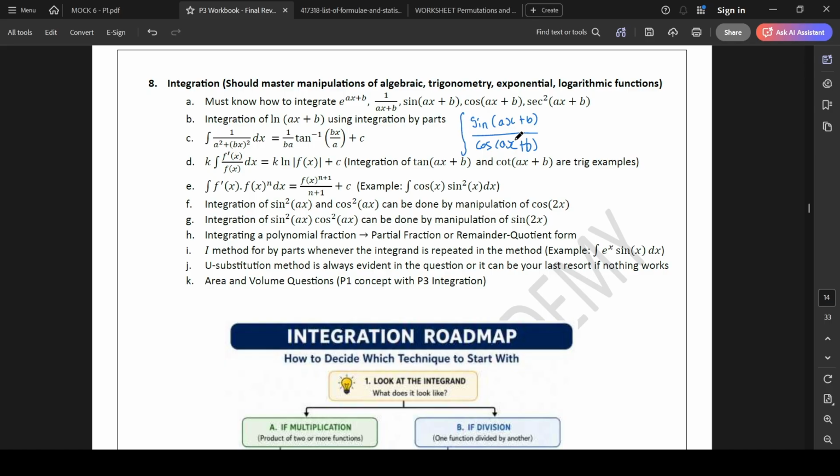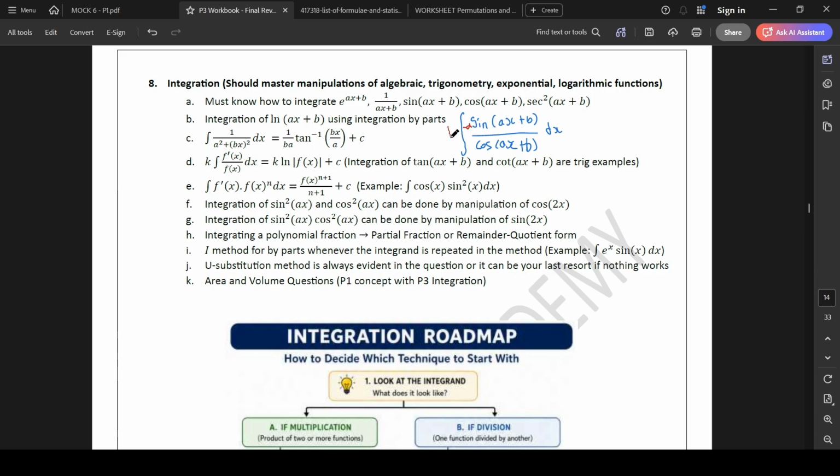And I know that if I have to integrate with respect to x, the derivative of cos of ax plus b will be minus sine of ax plus b multiplied with a. So there is a constant of minus a which is missing in the numerator. I need to have minus a somehow, and it cannot come randomly from anywhere, right?